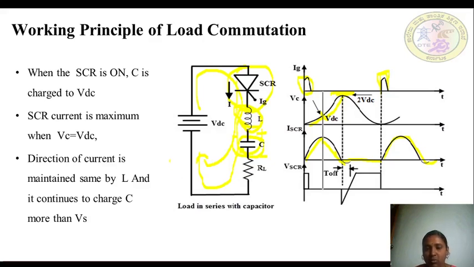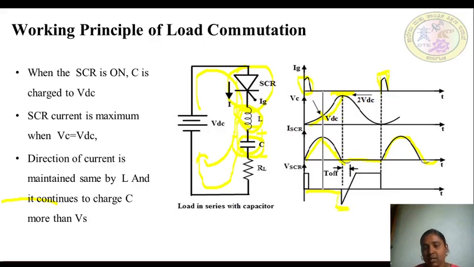If you look at the voltage across the SCR, here we can see the SCR is in the conducting state where the SCR voltage is 0. Once the voltage across the capacitor reaches 2 times VDC, automatically the SCR voltage is negative.